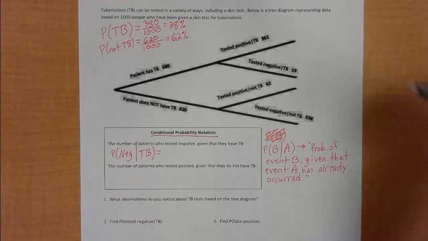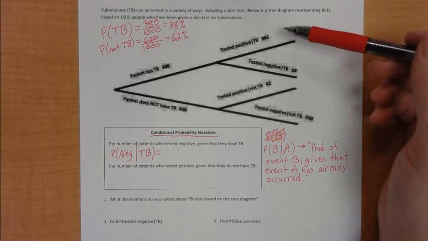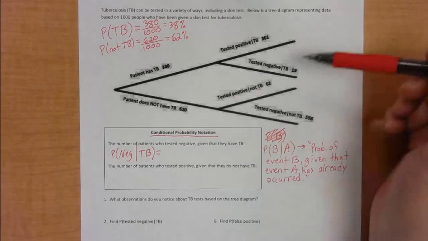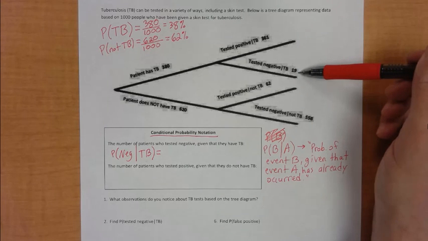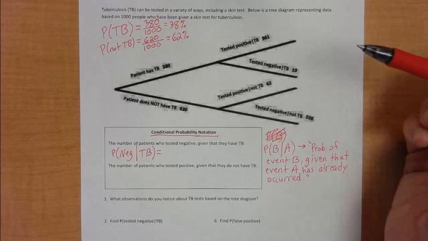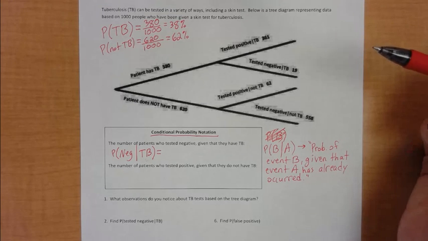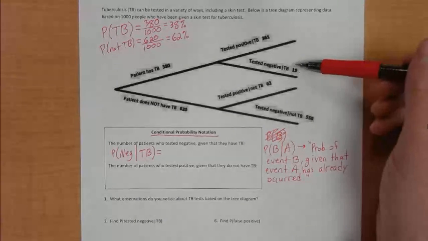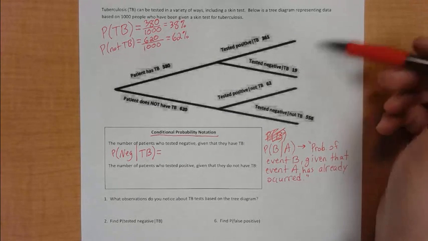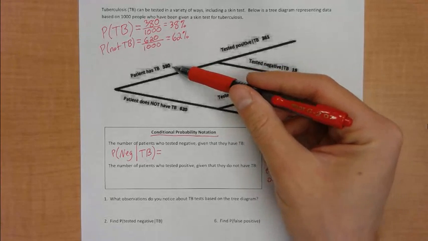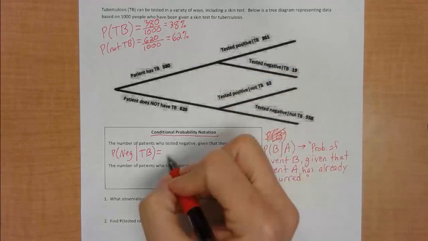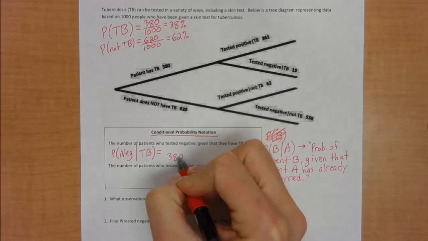If we look at our tree diagram, tested negative given TB is this number right here. There are 19 people out of the 1,000 that tested negative given that they had TB. If we know the person has TB, that is 380 people, which is our denominator.